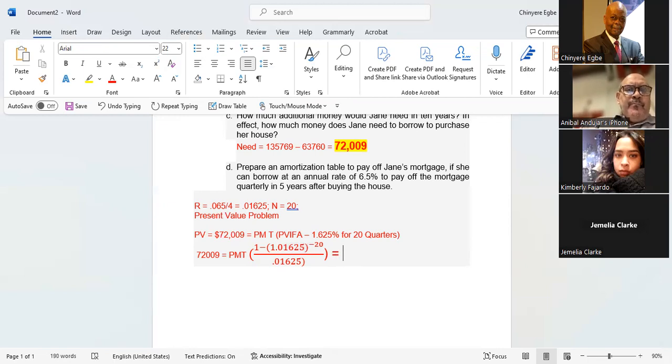Okay, so we have 72,009 equal to the payment, the periodic payment.